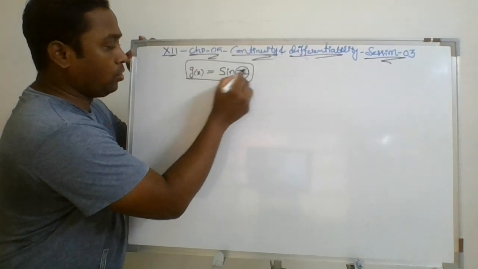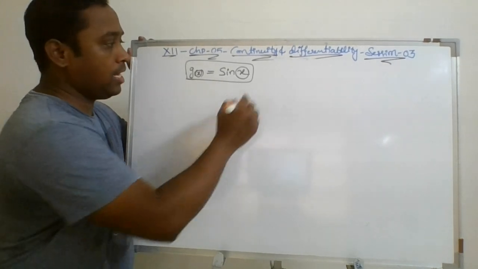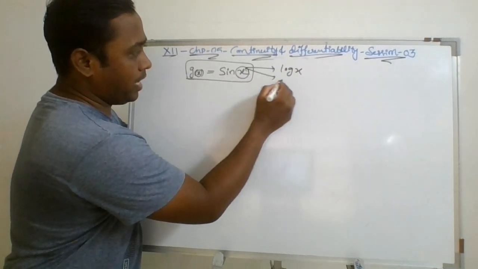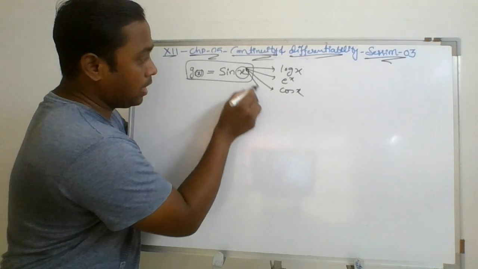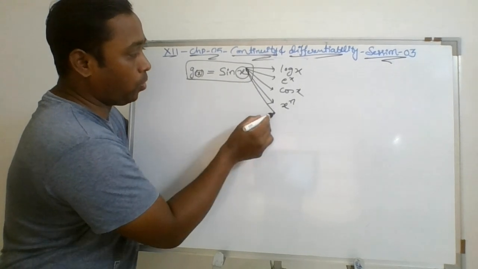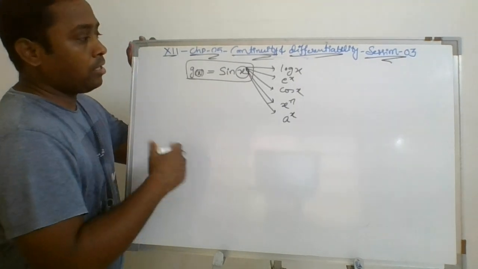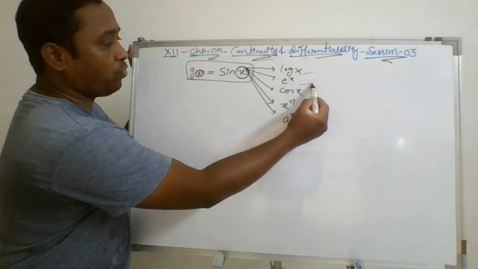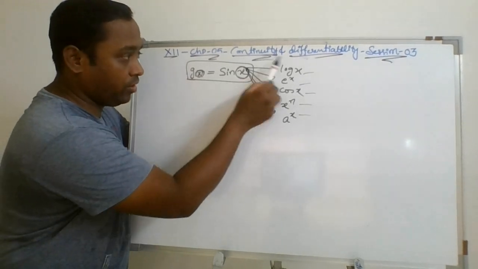Now, in place of x, if I substitute another function, you may take log x, you may substitute this x with e power x, you may substitute any other trigonometric function, or any exponential or polynomial function. So there are several ways you can replace this x, that is the angle, with various functions. When you replace it, you are composing the sin x function with other functions.